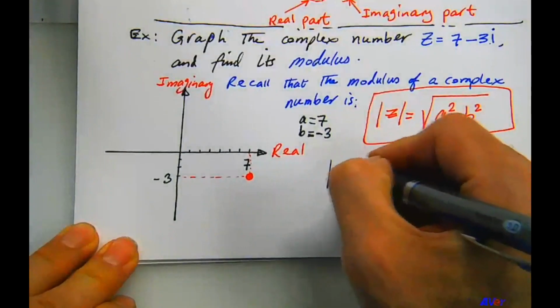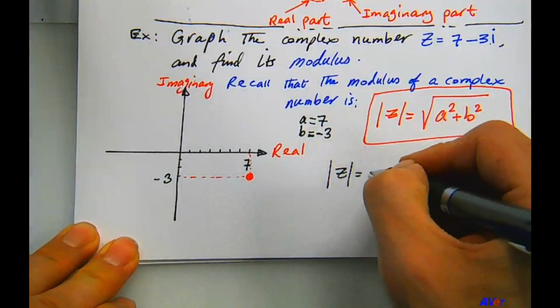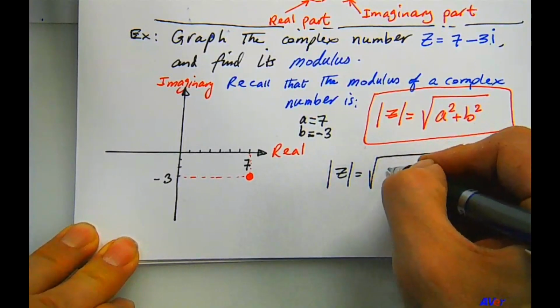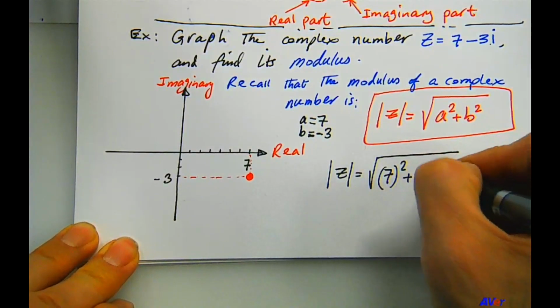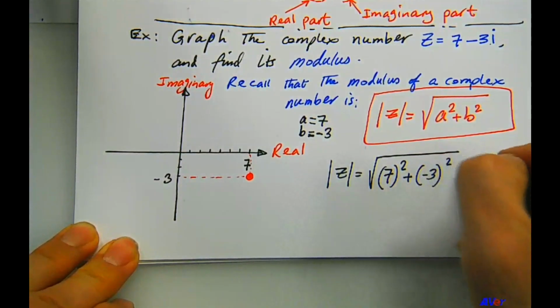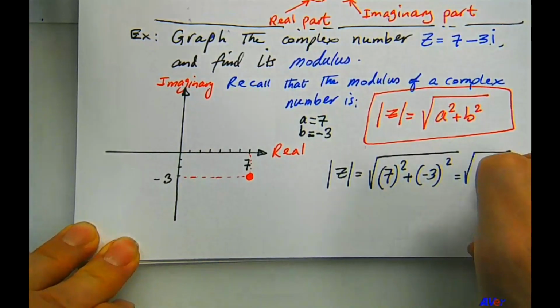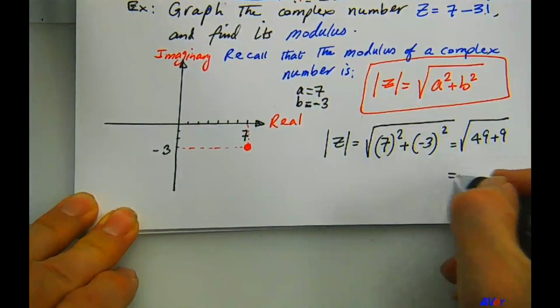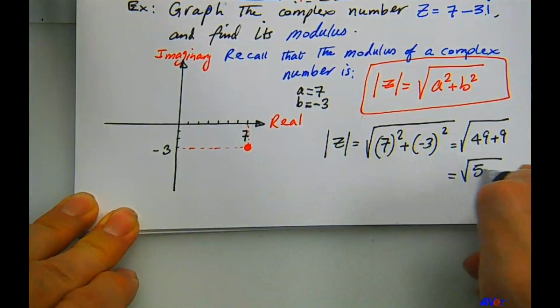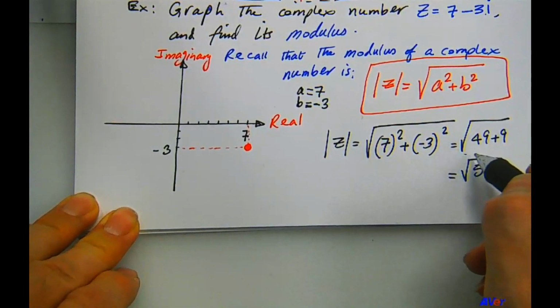We have the absolute value of z equals the square root of 7 squared plus minus 3 squared, equals the square root of 49 plus 9, equals the square root of 58.